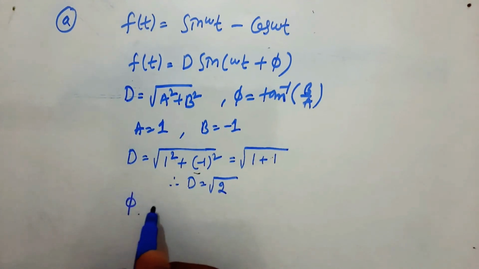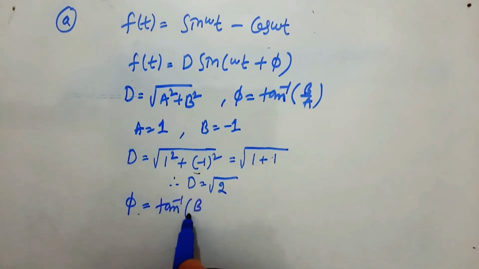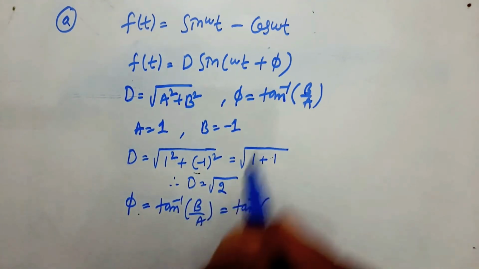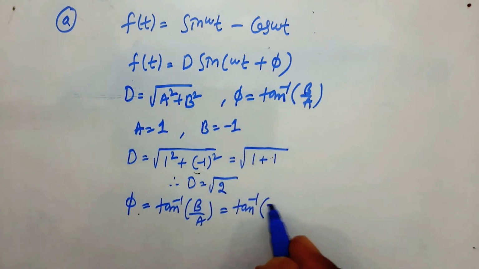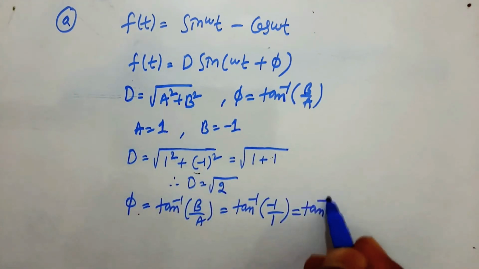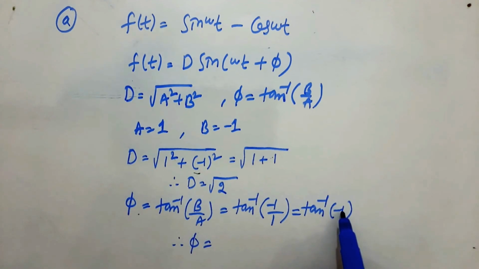So how can we find phi? That is tan inverse b by a. Here b is minus 1 and a is equal to 1, so that is tan inverse of minus 1. Therefore phi is equal to minus pi by 4.